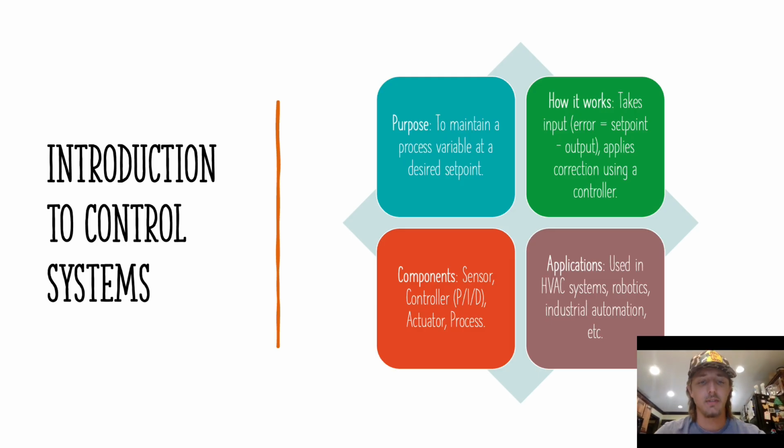Introduction to control systems. The purpose of control systems is to manage, regulate, and direct the behavior of other systems to achieve a desired output or performance. In engineering and industrial contexts, control systems automatically adjust process variables such as temperature, speed, pressure, or position to maintain them at a specific set point, even in the presence of external disturbances.